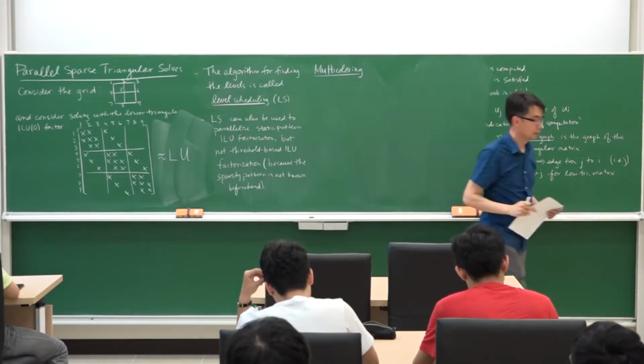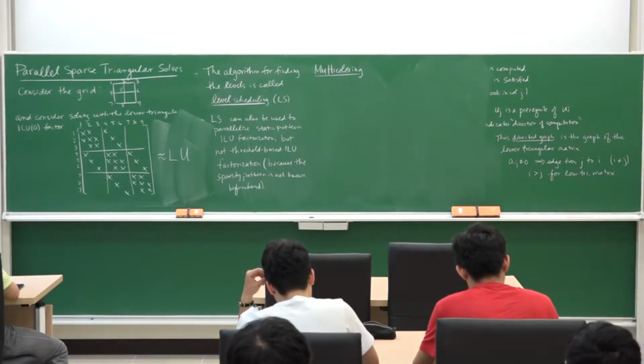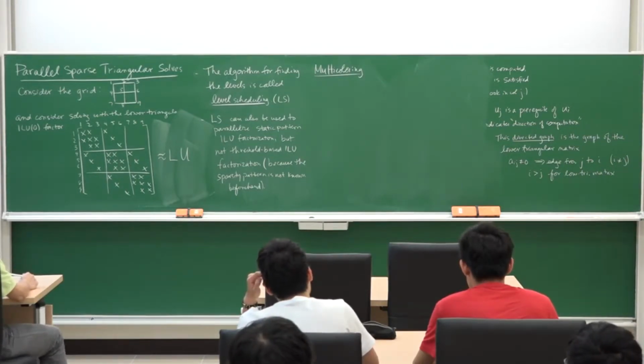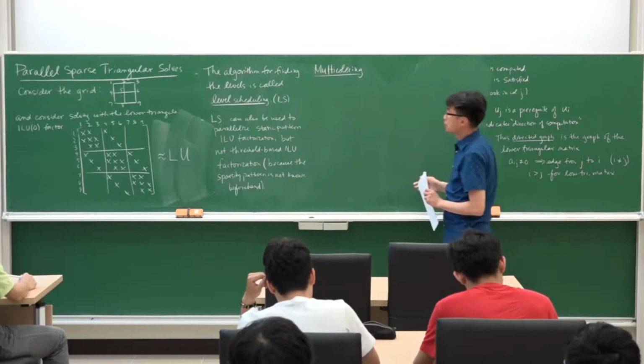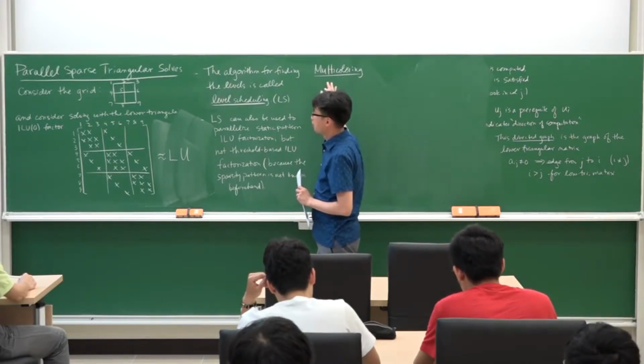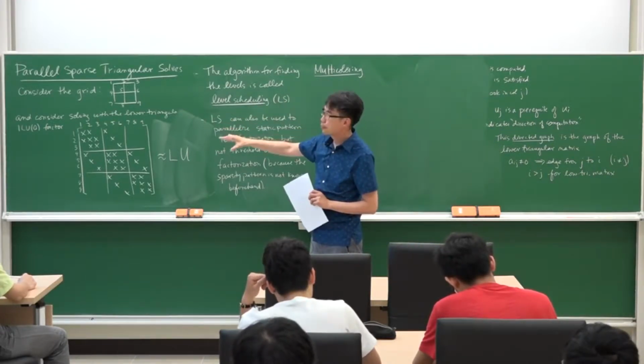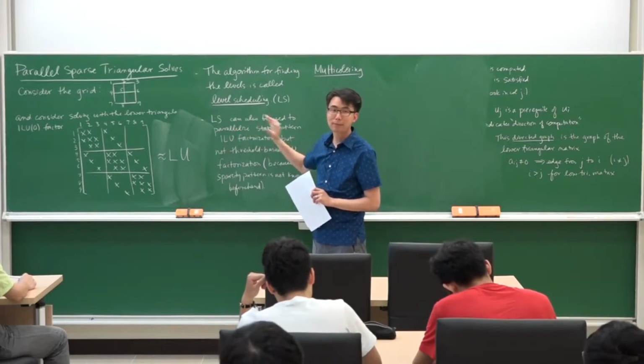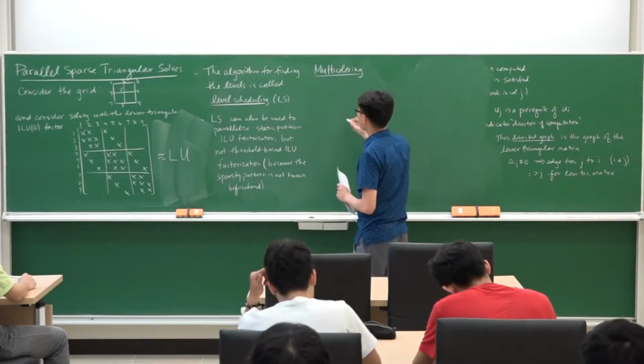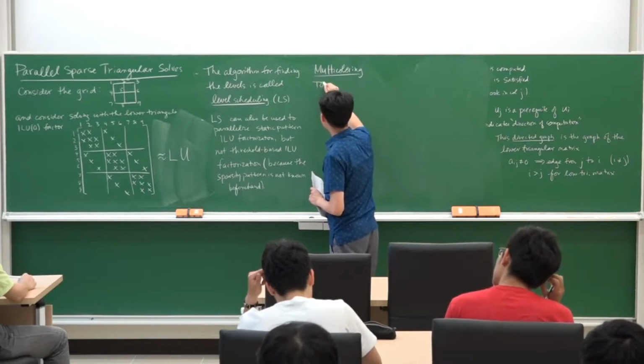And you can't apply it directly. If you already have the factors, you can't apply this method directly. So you have to go back to the problem you're trying to solve.